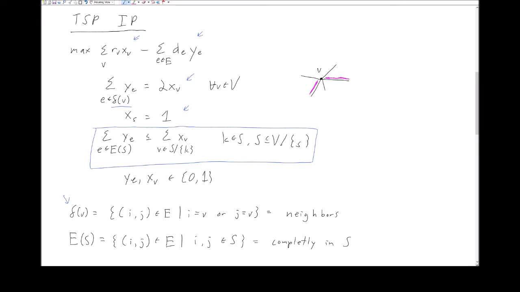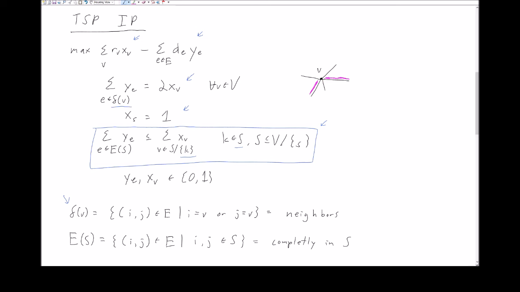The third set of constraints are the powerful set of constraints. They're the so-called subtour elimination constraints. We're going to deal with them on the next slide. For now, though, we'll get an idea of what these constraints are saying. In effect, it's telling us that if we look at some set of nodes, S, any set, not necessarily S star, and we take away exactly one of the vertices out of S, the number of edges has to be exactly equal to the number of vertices inside of the set S with one node removed.